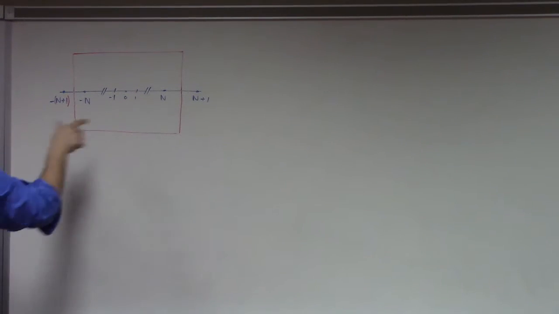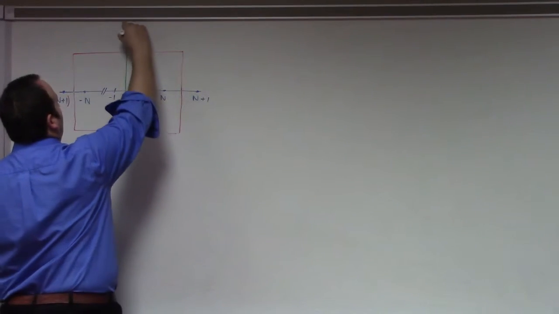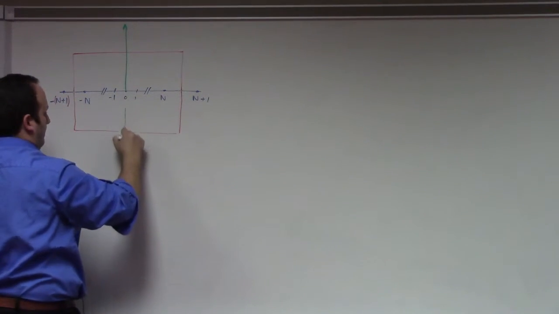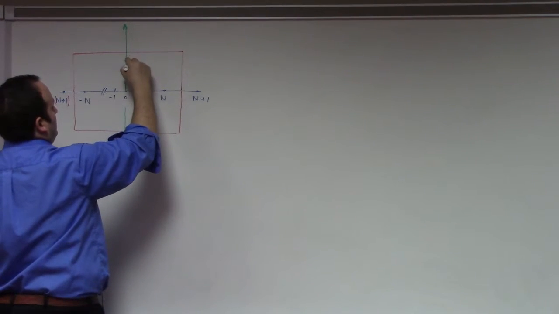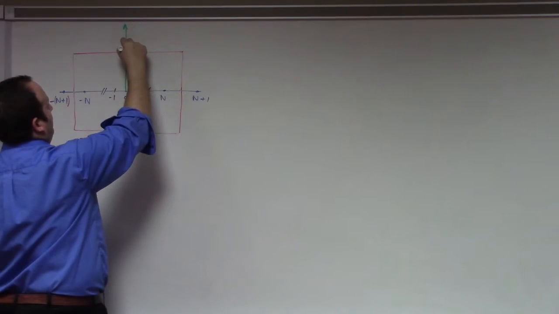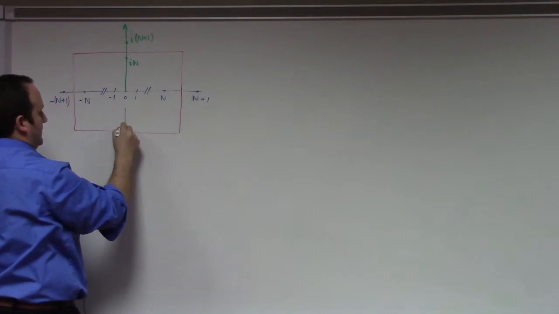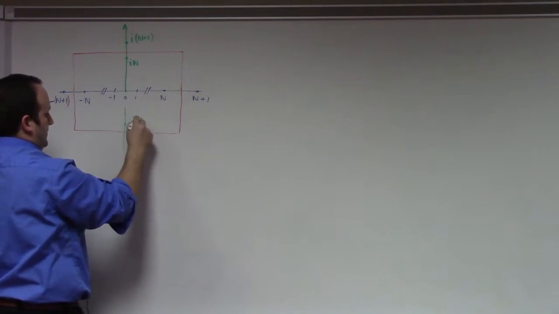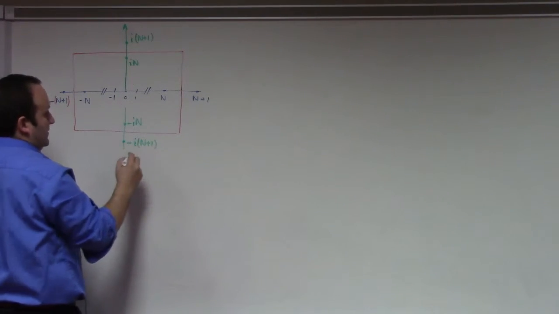This red curve is going to the halfway point, and if I draw the other axis, here is i times (n plus 1), and likewise down here, minus i times (n plus 1).